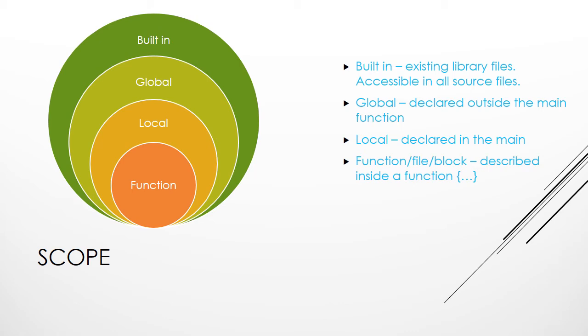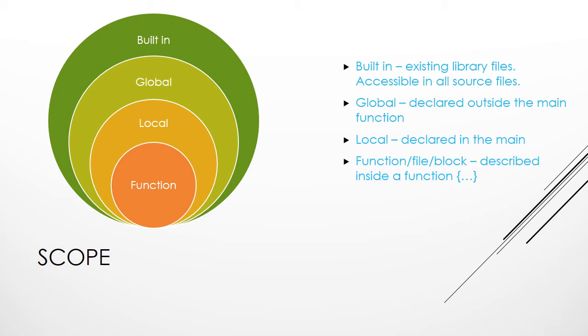The next type is a local variable. A local variable is a variable which is defined inside the main function. That is, when we type int main and give open and closing curly braces, whatever variables are defined inside those curly braces are local variables.